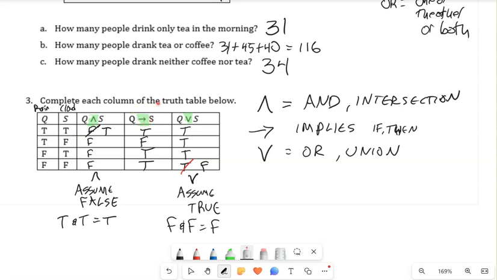That situation would prove false the claim that rainy implies cloudy. So if we're trying to say that rainy implies cloudy and we find it's raining and no clouds in the sky, then that would disprove this implication. So this one, it's easiest to assume true and then know that a true and false equals a false.